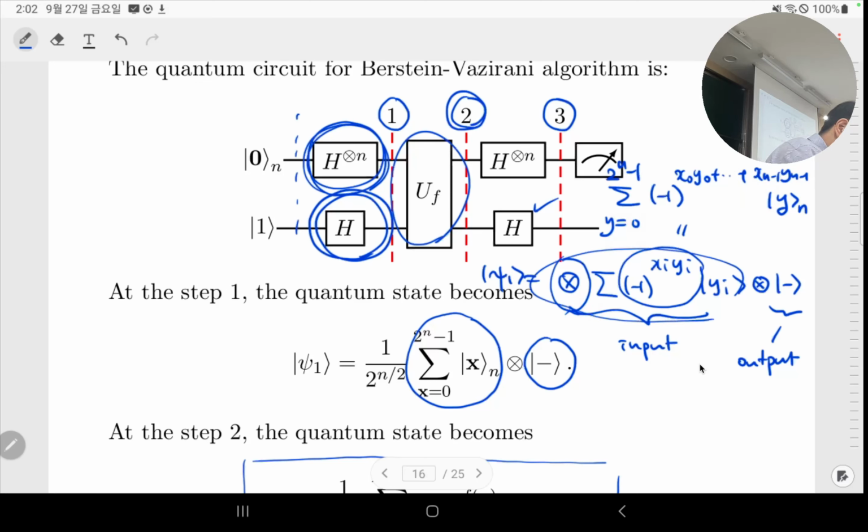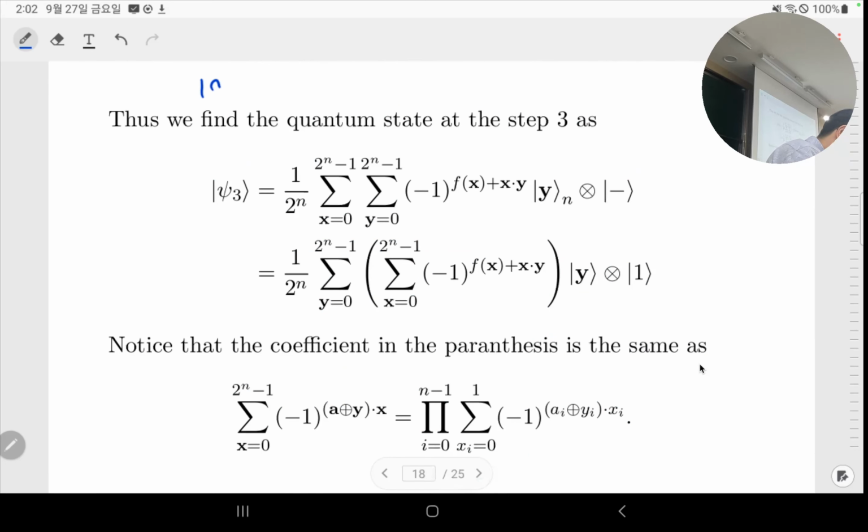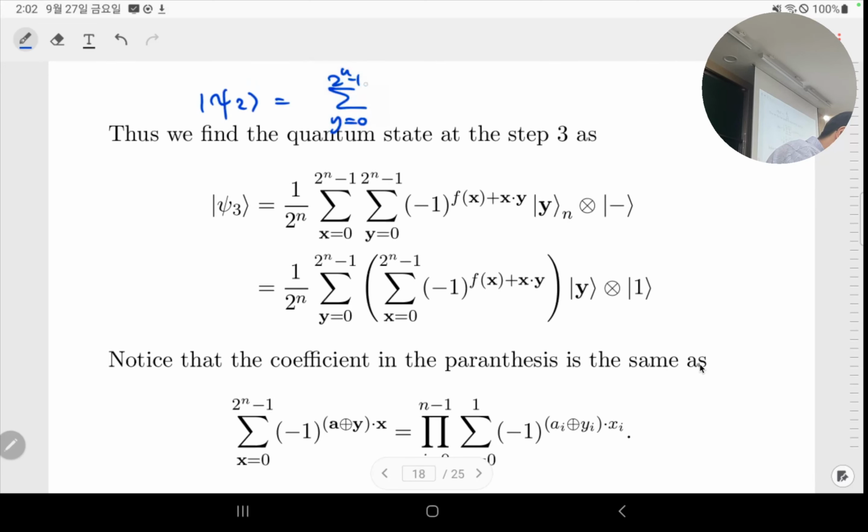So that's what I just wrote here. This is the input. So psi 2 is the sum over y from 0 to 2 to the n minus 1 of minus 1 to the x times y. Don't worry about the coefficient here, it is 1 over 2 to the power n.